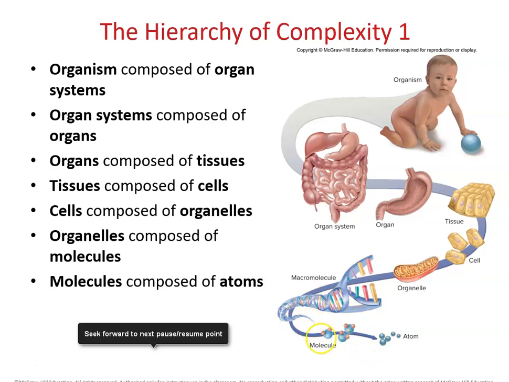Those molecules can become macromolecules, and there are 4 macromolecules, generally speaking. We have lipids and carbohydrates and proteins and nucleic acids, and those things join together to form organelles.